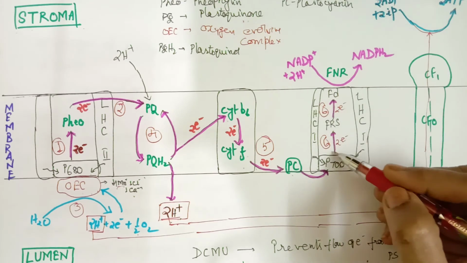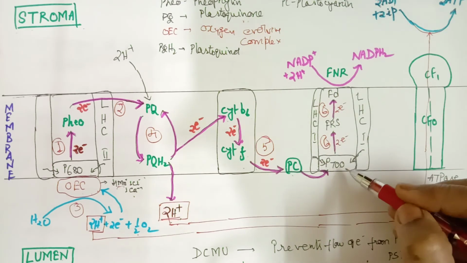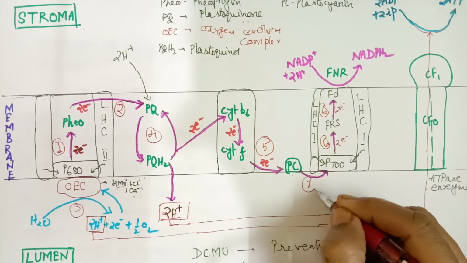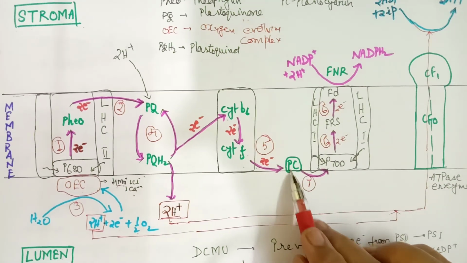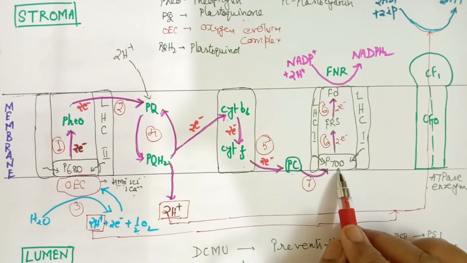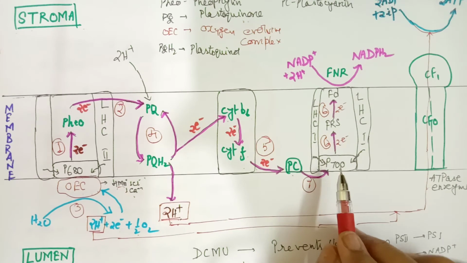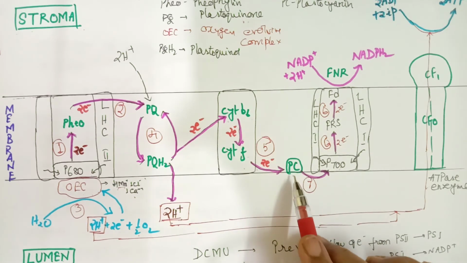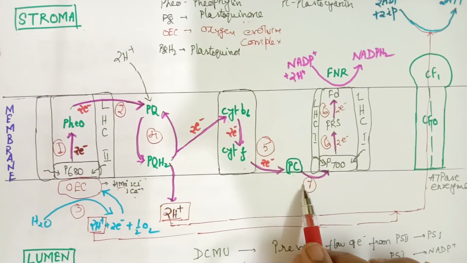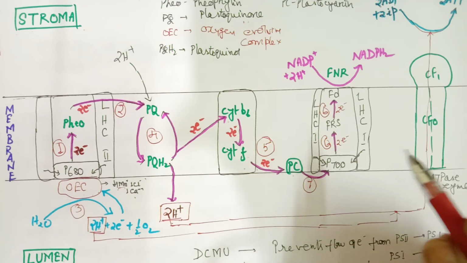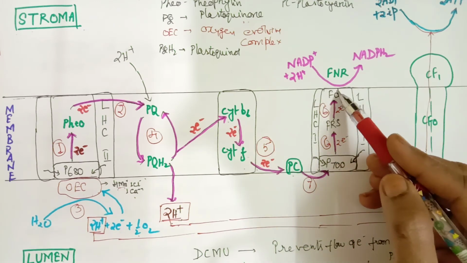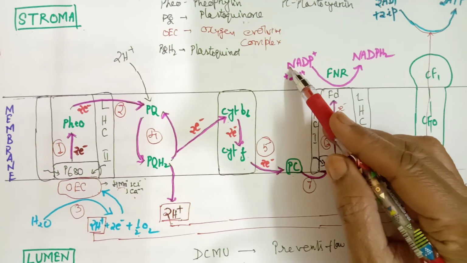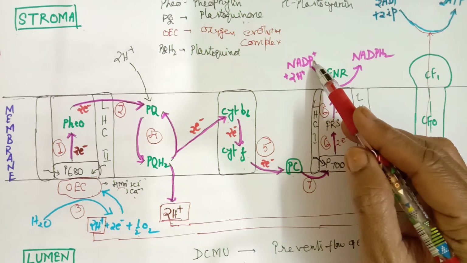Once the P700 has lost electrons, in the 7th step, plastocyanin will release electrons to P700. That means P700 is getting electrons directly from plastocyanin. Now, next, from ferredoxin, the final electron acceptor will be NADP+.